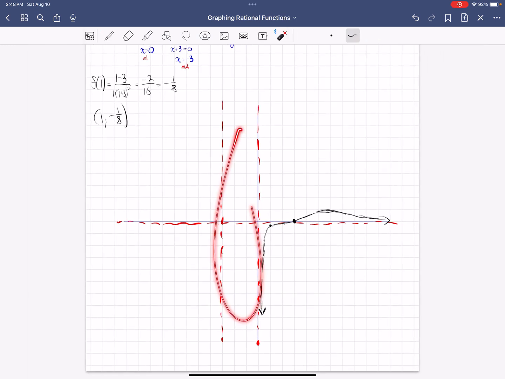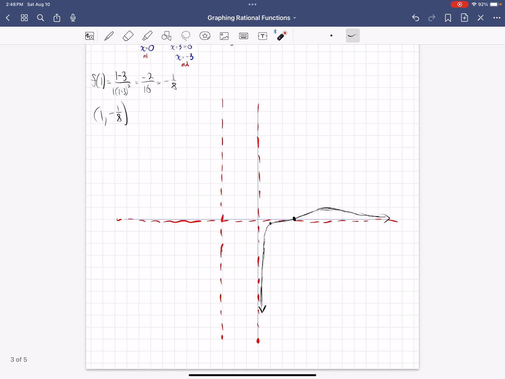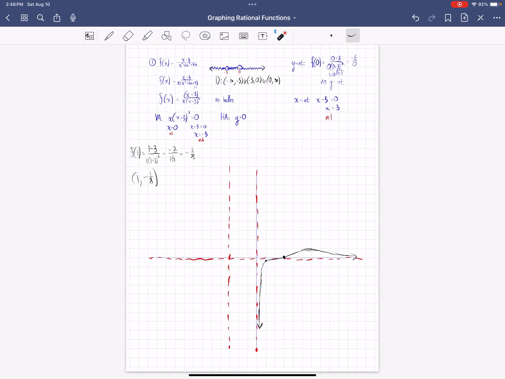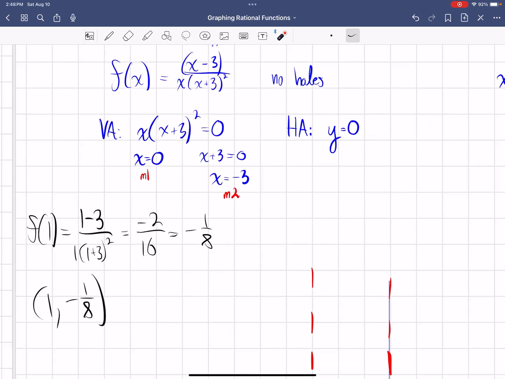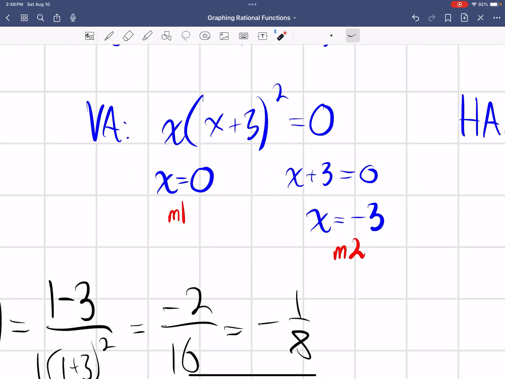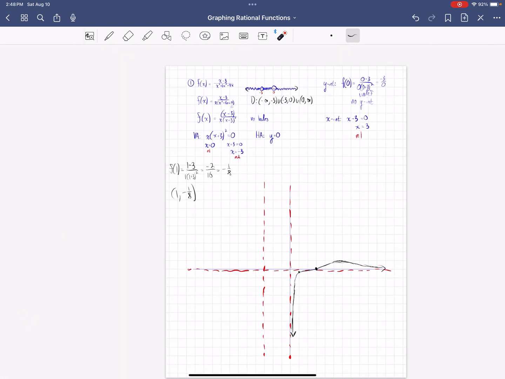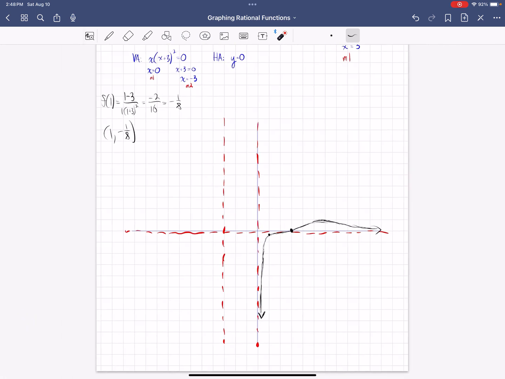Now focusing on the middle region of the graph here, let's take a look. This vertical asymptote here was x equals 0, and we got it here, and it had a multiplicity of 1. Now, if your vertical asymptote has an odd multiplicity, like 1, 3, 5, the graph will have the opposite behavior on either side of it.